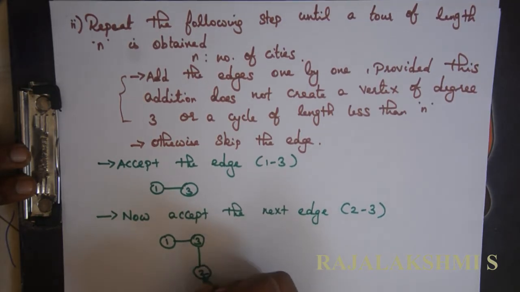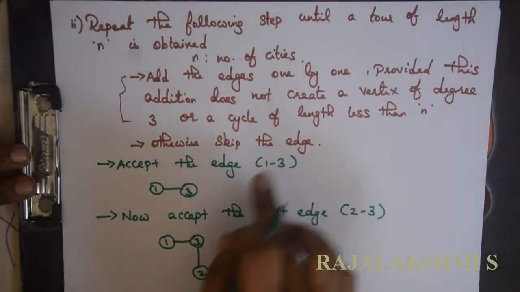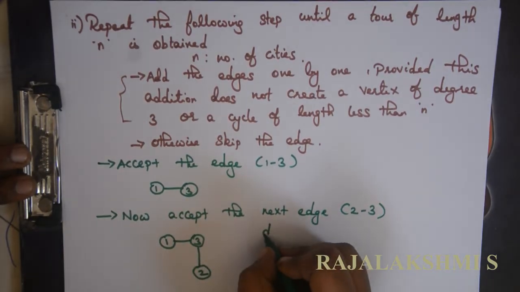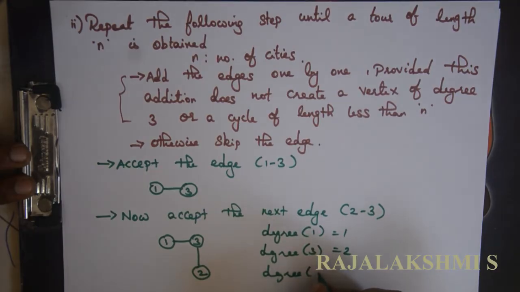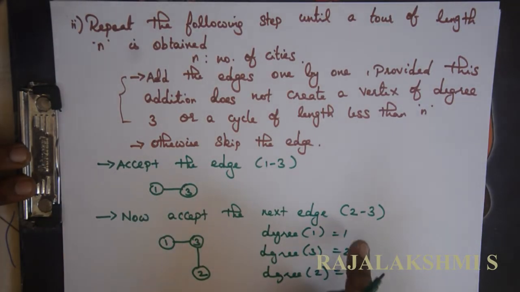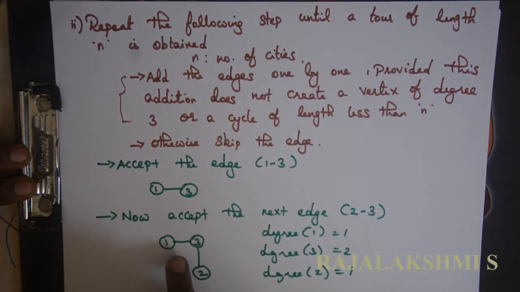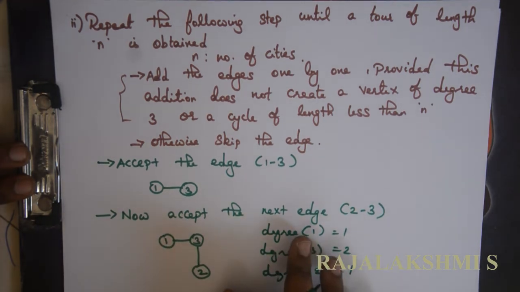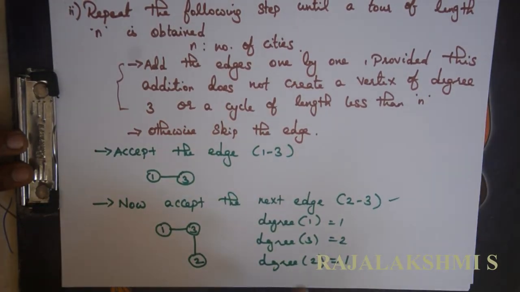Whenever you accept an edge, we have to check whether this addition creates a vertex of degree 3. Now when we add this edge, the degree of 1 will be 1. It doesn't create a vertex of degree 3, and we don't have any cycles here. So the degree of the vertex is not equal to 3, so we can accept the edge 2 to 3.